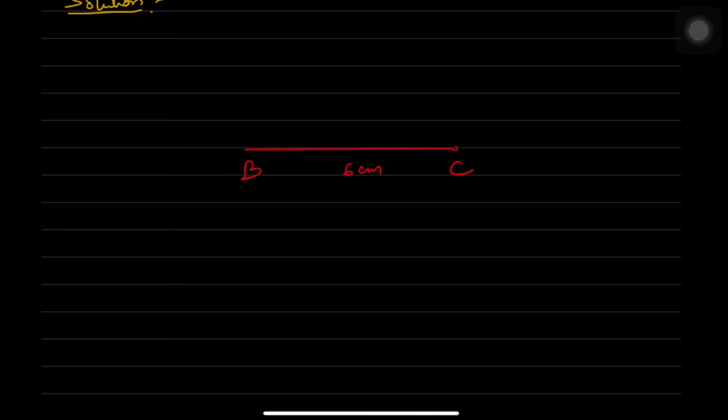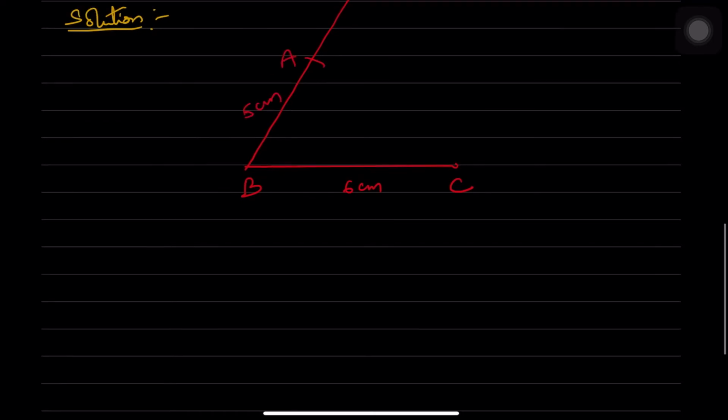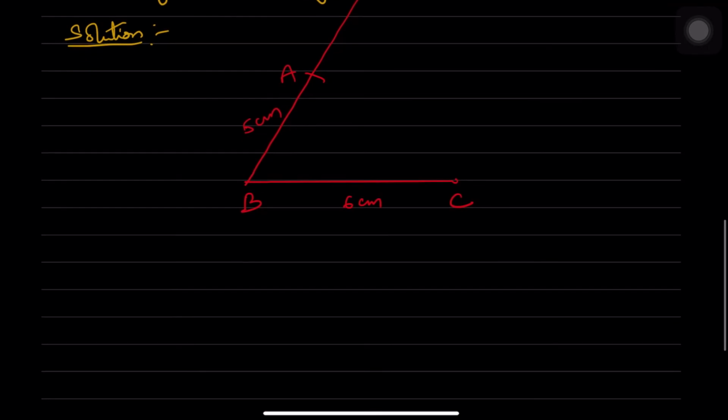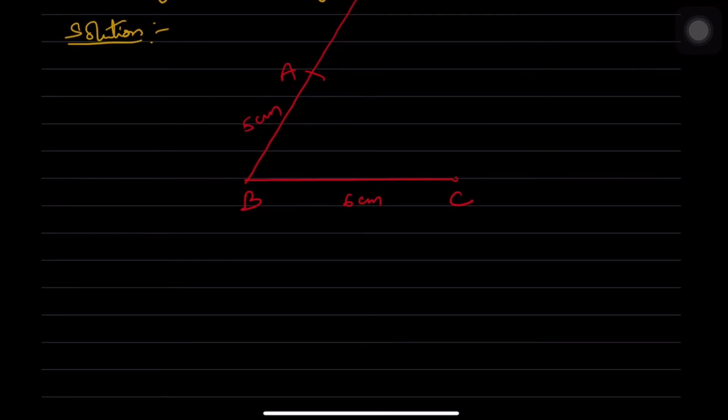Now we'll make an angle of 60 degrees over here, and mark on this 5 centimeters. This is AB, 5 centimeters. Then join A to C.